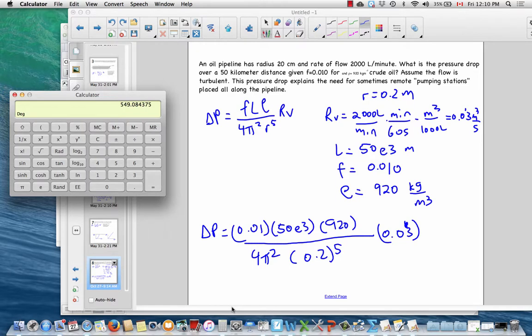So let's work out what this is. 0.01 times 50,000 times 920, divide by 4, divide by pi again, divide by 0.2 to the 5, and multiply that by 0.03 repeating. I'll just put in a bunch of 3's.